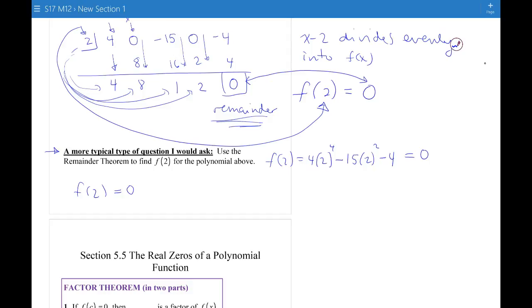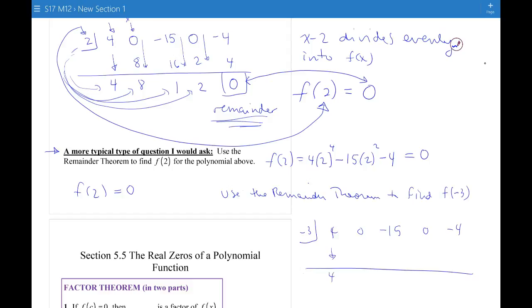So let's do it. What if it said use the remainder theorem to find f of negative 3? Well, that means you would put negative 3 in the little pocket, and you'd have 4, 0, negative 15, 0, negative 4. Bring the 4 down, multiply, negative 12, add.